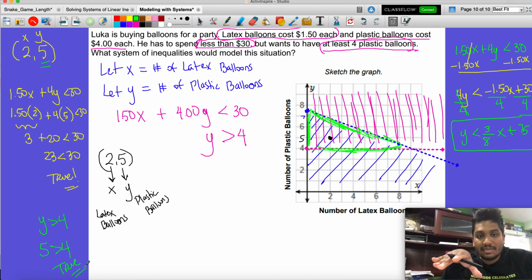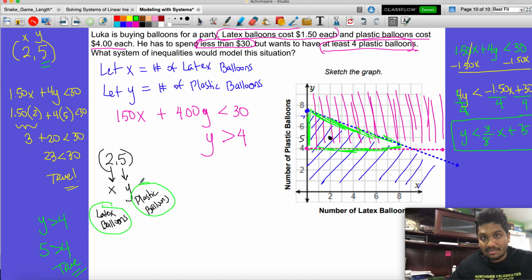So what this means is that if he goes to the store and he buys 2 latex balloons and he buys 5 plastic balloons, this is acceptable because he doesn't go over budget, and he still gets at least the number of plastic balloons that he needed. Now that's not the only answer.